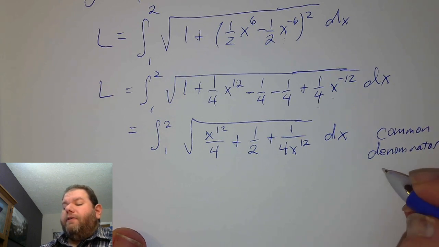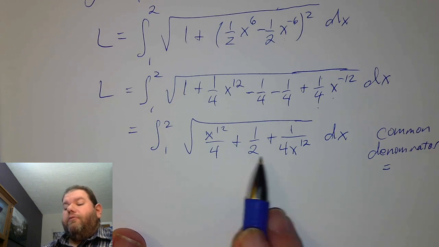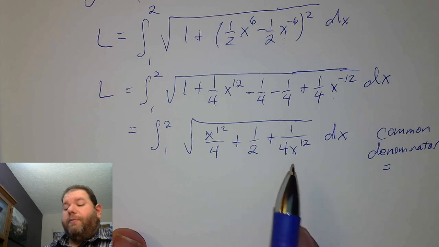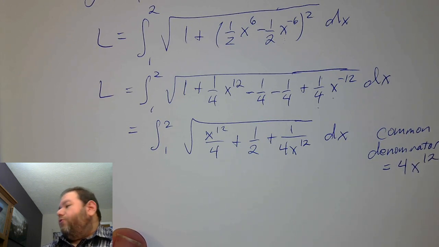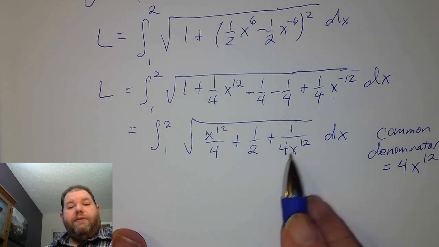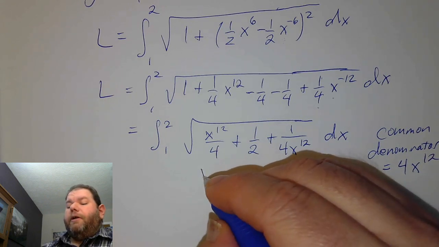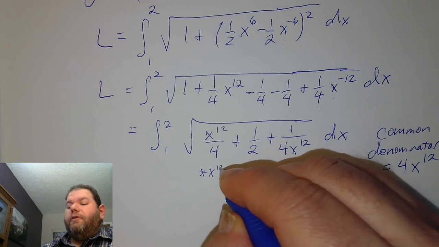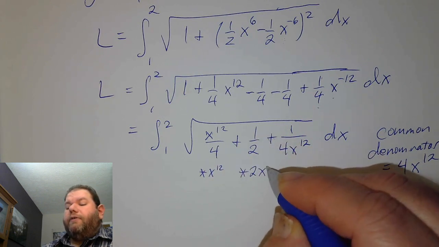In this case, the common denominator, let's see, we have a 4, a 2, and a 4, so we'll need 4 as our common denominator. We'll also need an x to the 12 to account for this other term. So basically this is the common denominator right here. This term will have to be multiplied by x to the 12th. This middle term will be multiplied by 2x to the 12th.